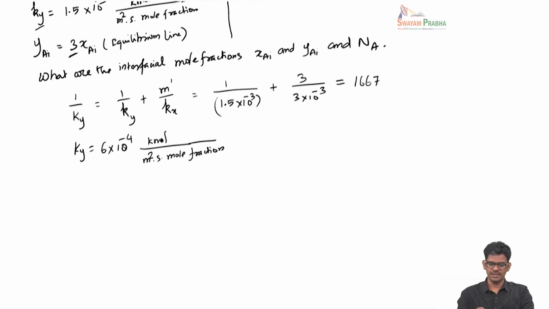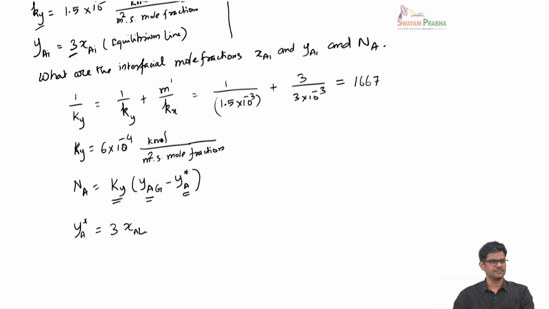Now with this overall mass transfer coefficient Ky, we can define the flux. I know YAG, and I need to calculate YA star. To calculate YA star, I use the equilibrium line, which is 3 XAL.